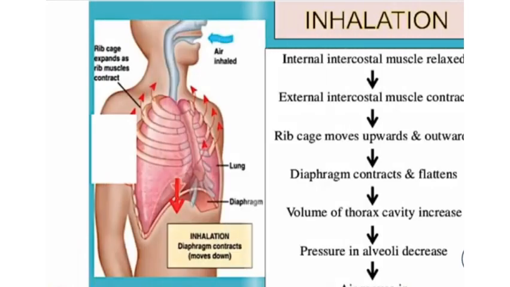The diaphragm also contracts, the volume of the thoracic cavity increases, and the pressure in the alveoli decreases. So pressure in the alveoli decreases means air gets inside the alveoli.